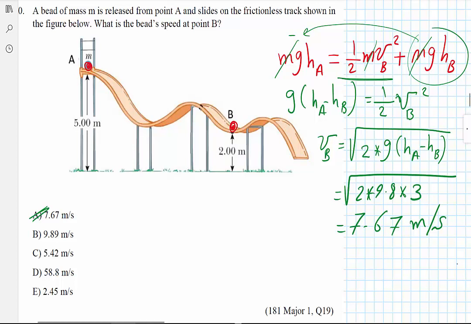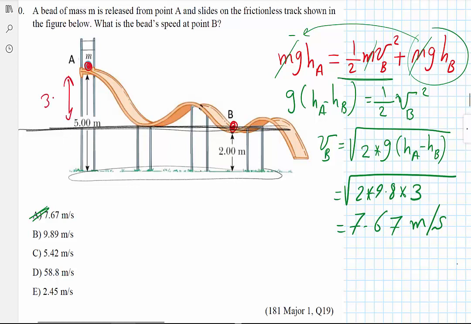There is another way we can do it, which is a little bit simpler, but it's the same method. We can take a new reference other than the ground. So we will measure the height from point B instead of the ground. So the height of point B now is 0. And the height of point A will be measured from the new reference, which is 3 meters.